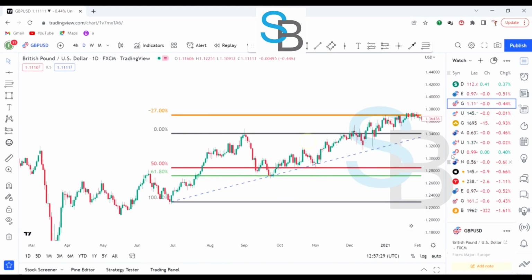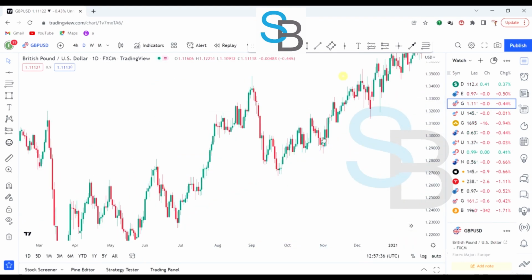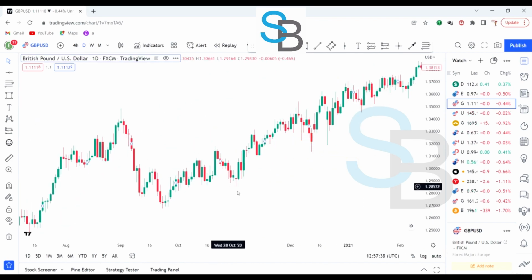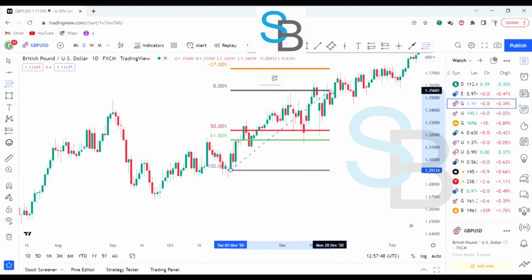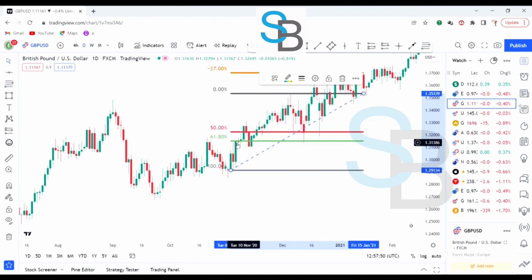If you go down and even try to use the level on even smaller retracements, you tend to see that it follows the same rule. So let's assume this is point A, and let's say this is point B, right? Point A to point B. Now what happened? It came to the 61% retracement level and then continued buying up.